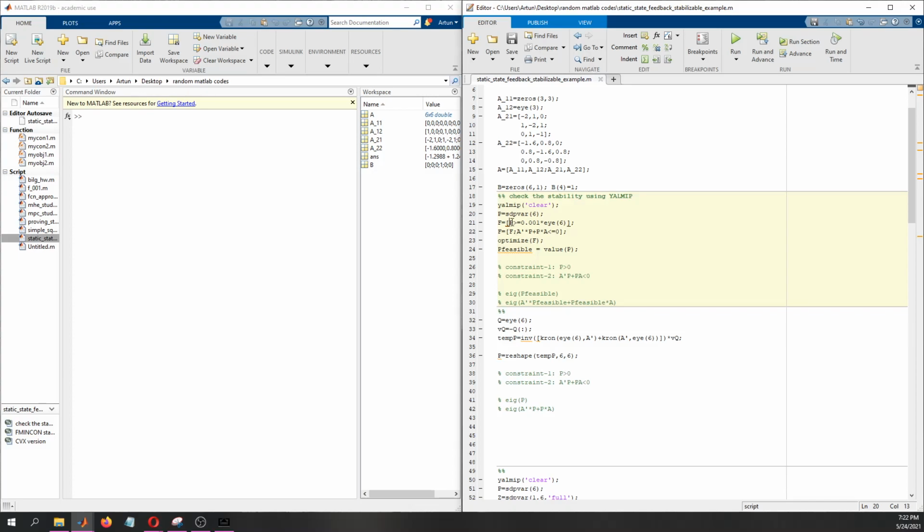Okay, and here this is used to impose this constraint on the problem. Just some epsilon times identity. You might like to think that way.